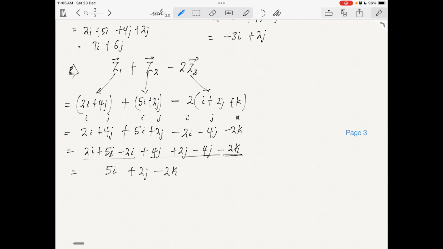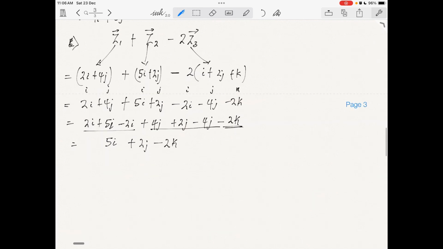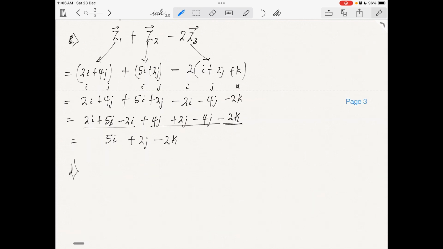Okay, so let's pick one more example. We have z1, z2, and z3. Now let's say we are required to find 4z1 minus 2z2 plus z3.